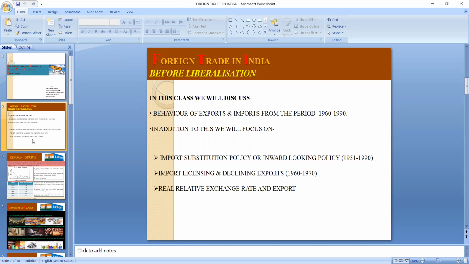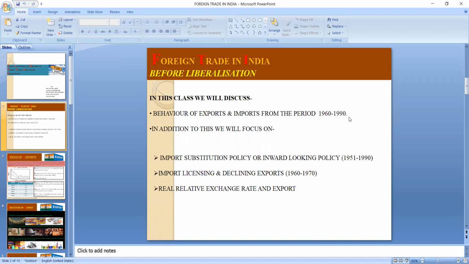In this class, we'll discuss the behavior of exports and imports from the period 1960 to 1990. In addition to this, we'll focus on the import substitution policy or inward looking policy that was taken during 1951 to 1990.